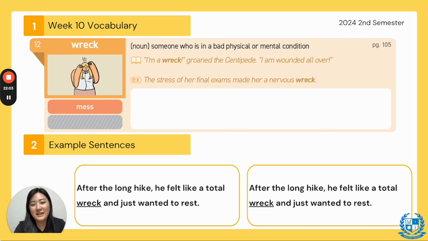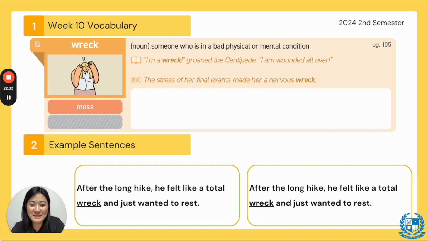Over here. After the long hike, he felt like a total wreck and just wanted to rest. Yes, a lot of my sentences are about hikes, but when you hike up a mountain, you get quite tired and you look like a wreck, meaning you look very tired and physically wiped out.